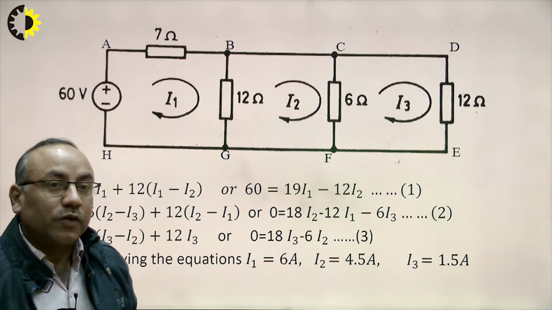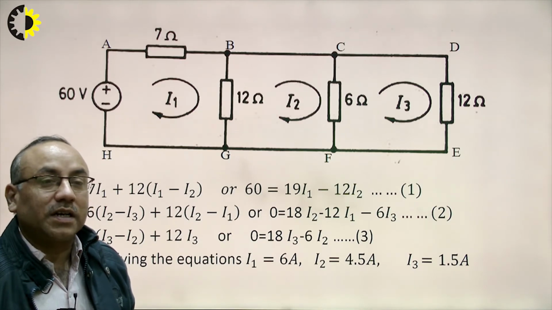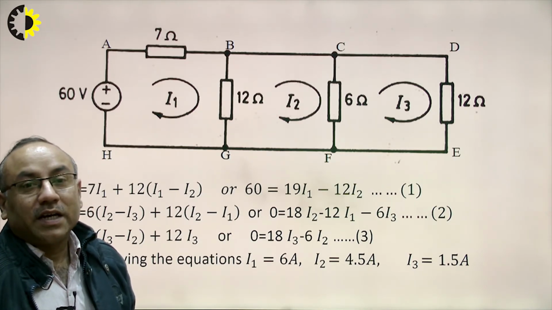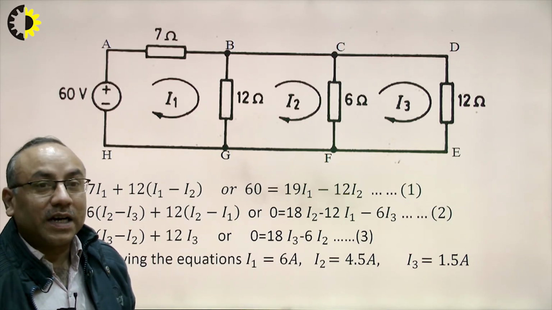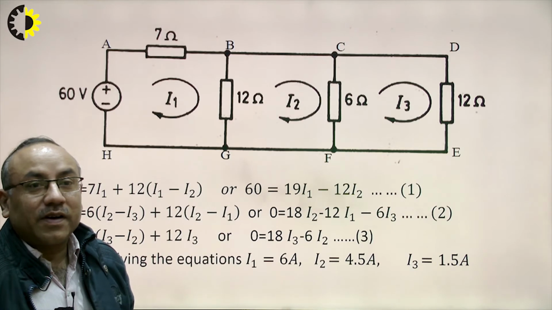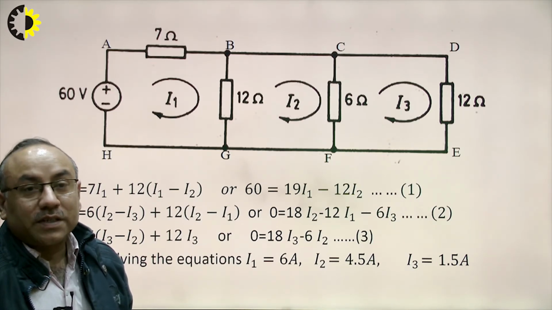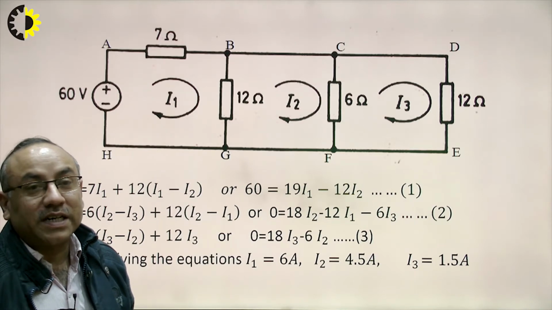And if we talk about loops, what are the loops in this circuit? We can say these 3 meshes are themselves loops. Other than that, A, C, F, H, A is a loop, since it contains 2 meshes inside it.